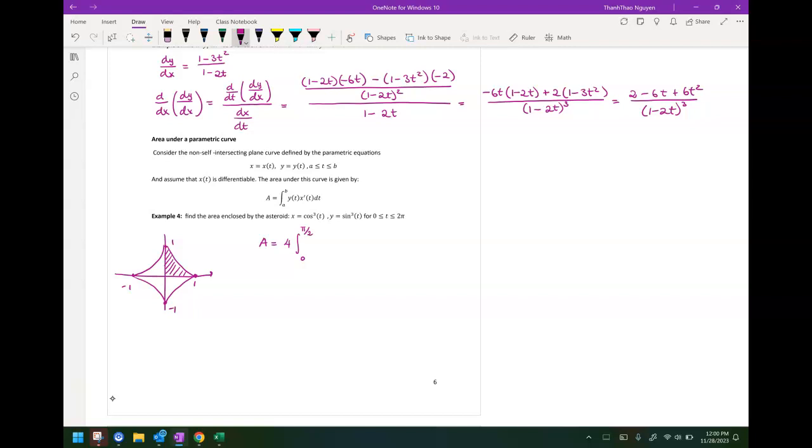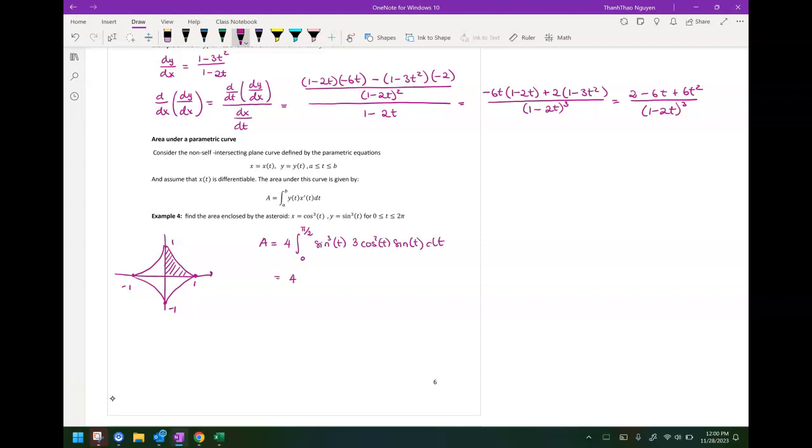Okay. y of t equals sine cubed of t. x prime of t is 3 cosine squared t dt, and here we have a chain rule, so another sine t. There we go.